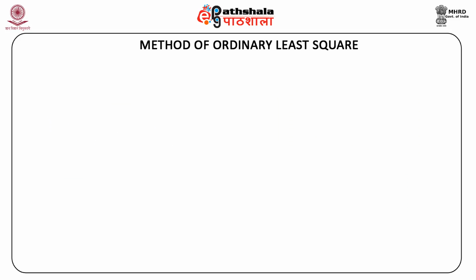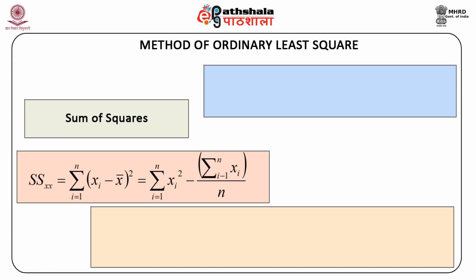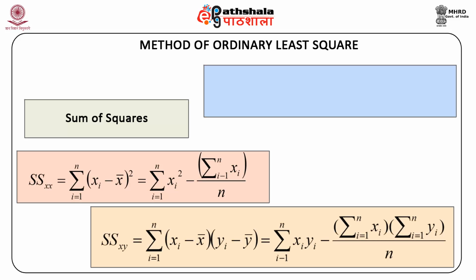Let us now look at how the sum of squares is calculated. SSXX is equal to summation i varying from 1 to n (xi minus x bar) the whole squared, which is equal to summation i varying from 1 to n xi squared minus (summation i varying from 1 to n xi) squared divided by n.